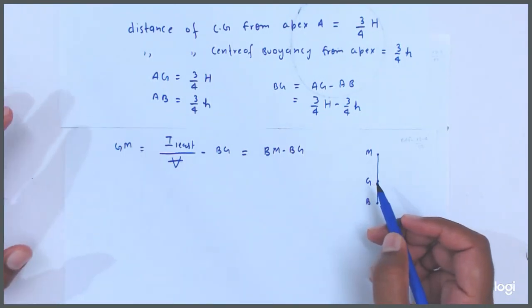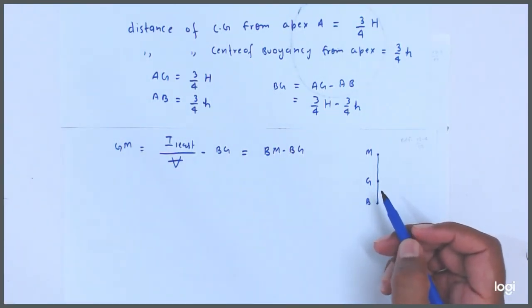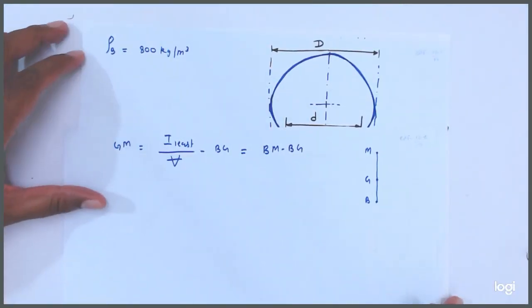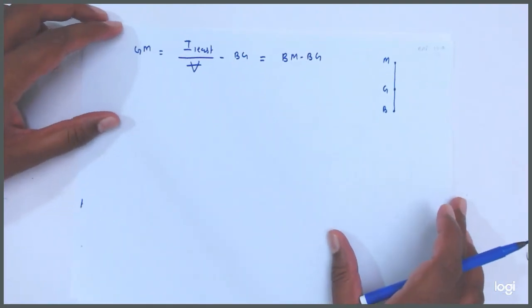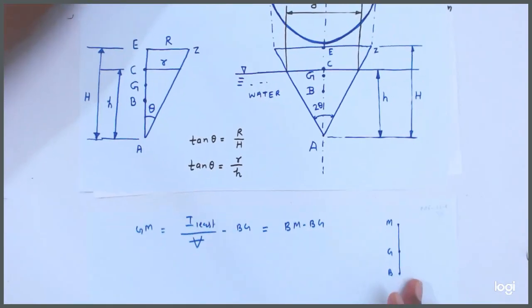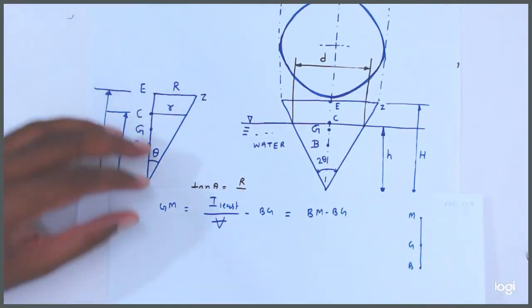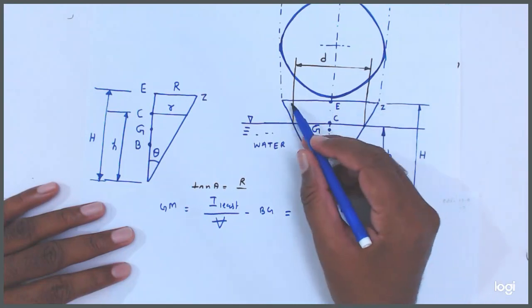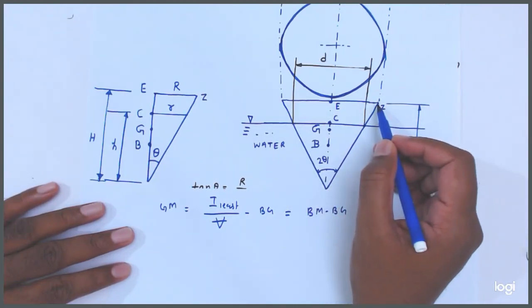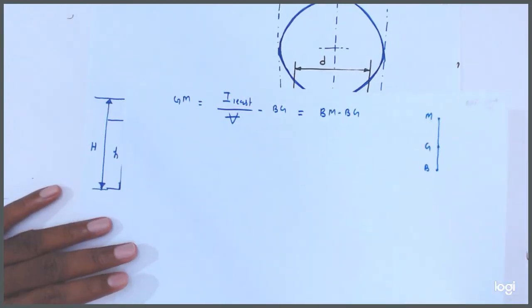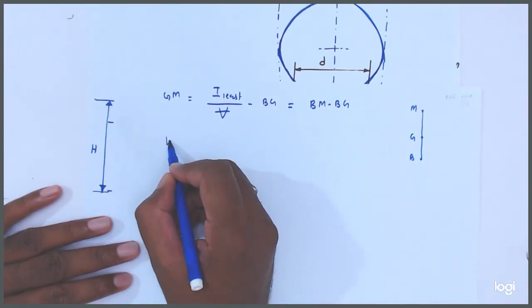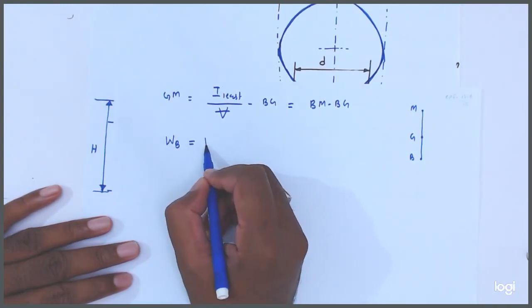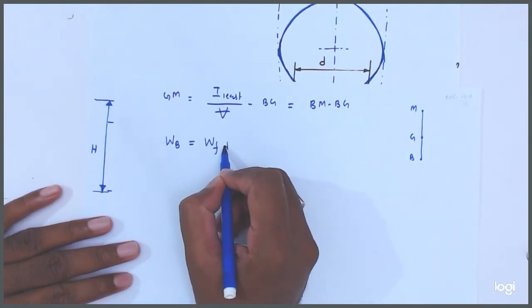Okay friends. Now we are finding here. Now friends, you see here, what is the volume of cone? We know that weight of the body equals weight of fluid displaced.